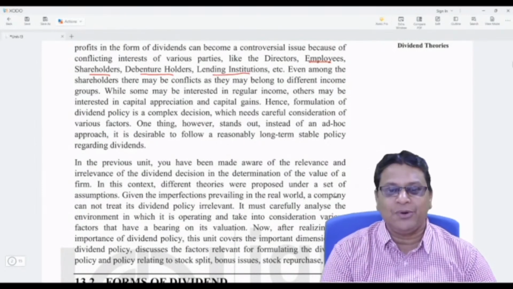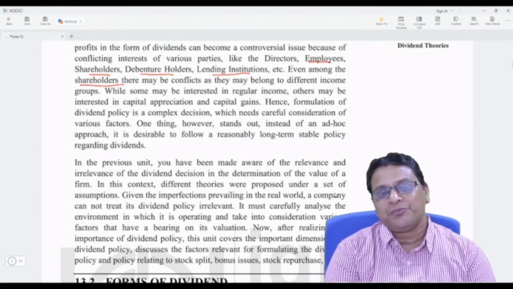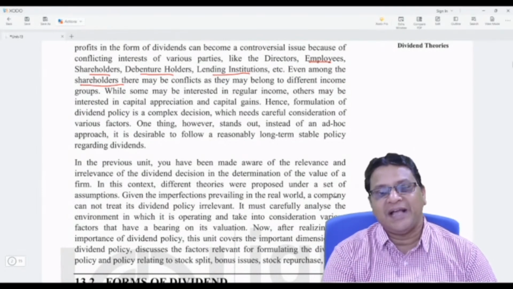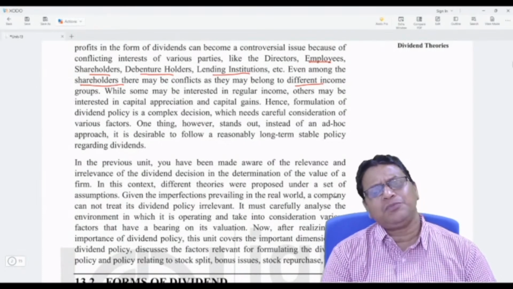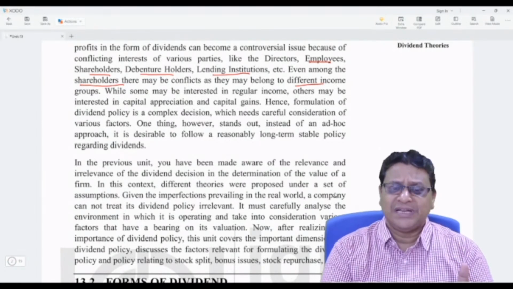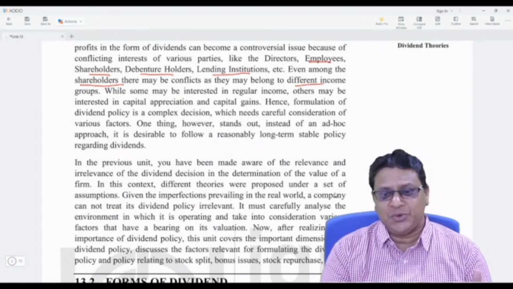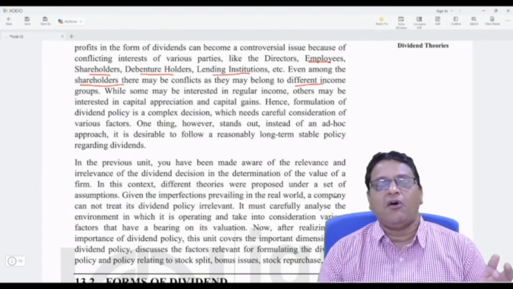In case of shareholders, there are also different types of shares, preference shares, equity shares, and the shareholders group may be different. There may be high income group shareholders, there may be low income group shareholders. So all these stakeholders' interest is to be taken into consideration while designing the dividend policy of a company.